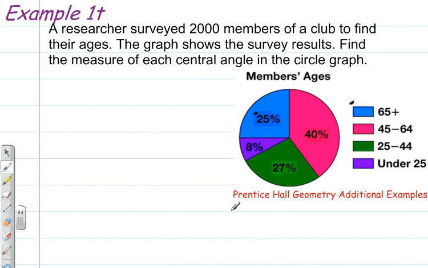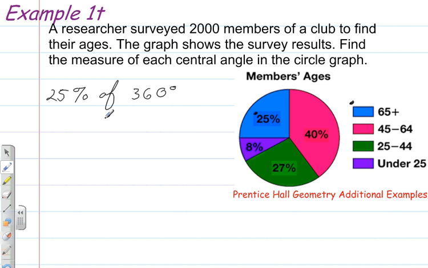total number of degrees in a circle is 360, and this really boils down to a basic percent problem. We're going to start with the ages 65 and up, which consists of 25% of the circle graph. So that would be the basic percent problem, 25% of 360 degrees.